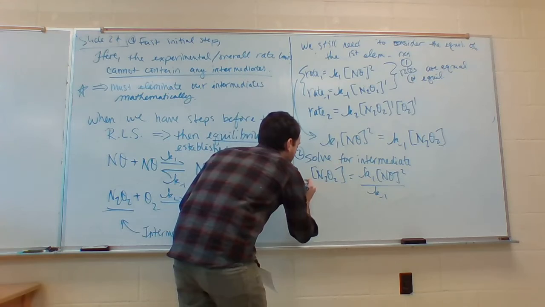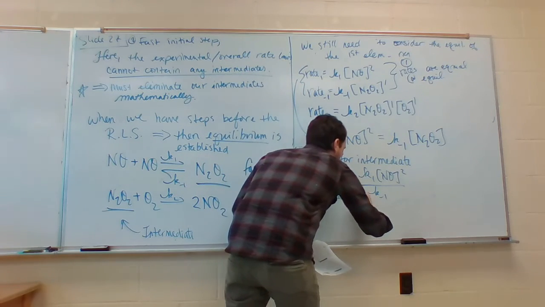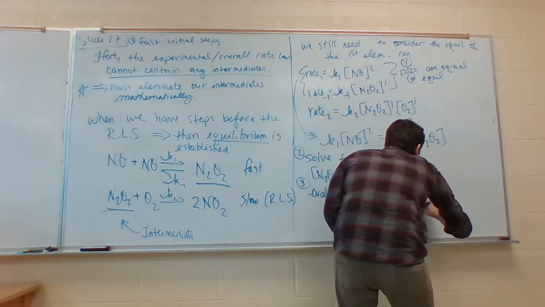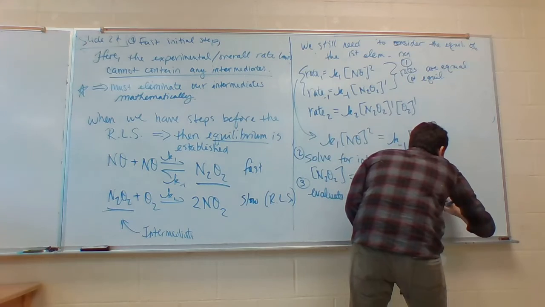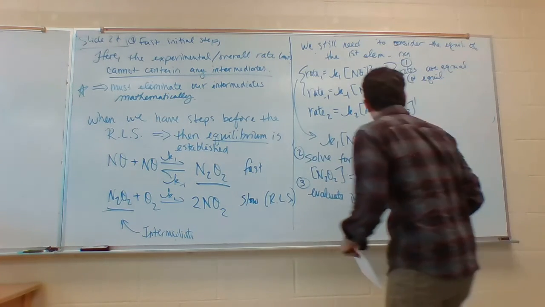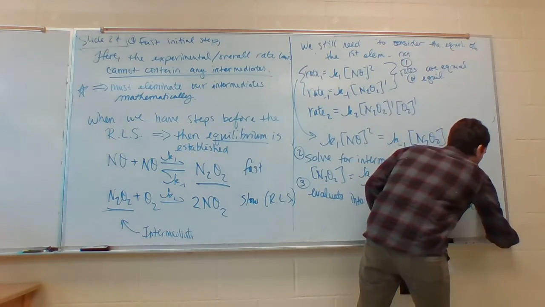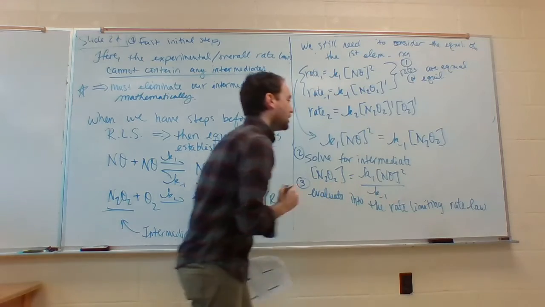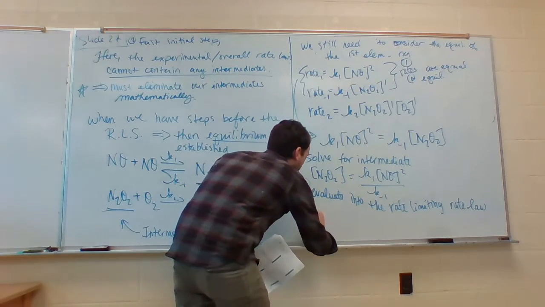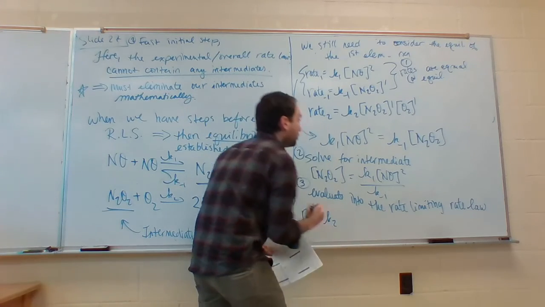And then, as step 3, evaluate into the rate limiting step, or the rate limiting rate law. Okay? So here was our rate limiting step's rate law. So I know that I have the rate 2 is equal to K2.